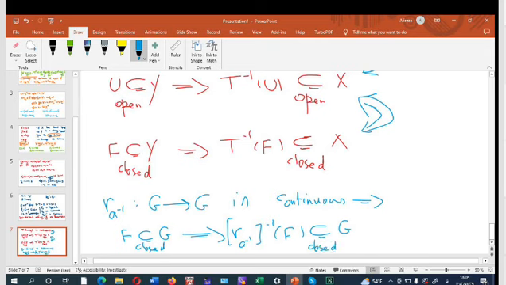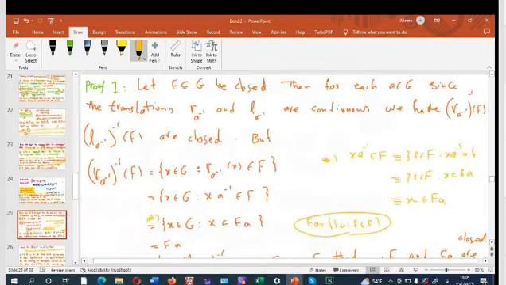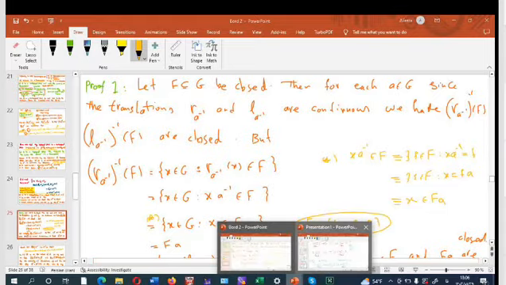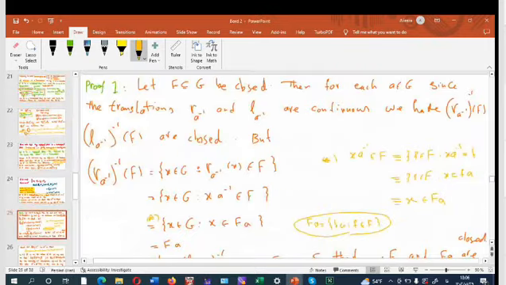If we consider this as our function T, the inverse image of F, this is our T. But we proved that this inverse image of F equals Fa, so this must be closed, and we prove this in this equality.